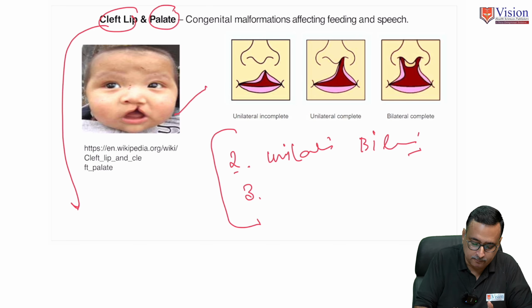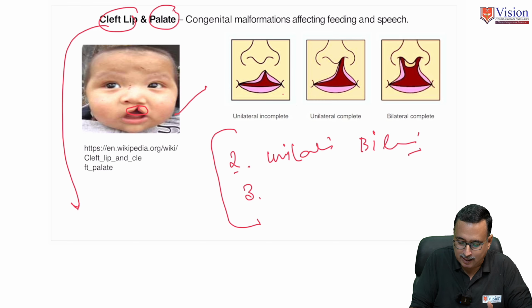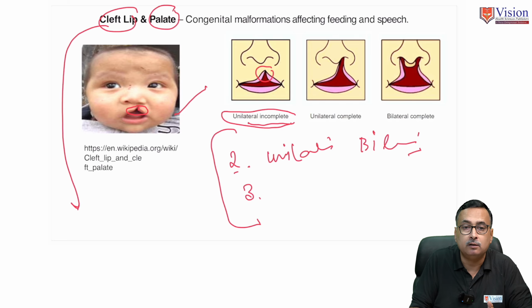In the first diagram, there is a split in the upper lip, unilateral. This says unilateral incomplete cleft lip because this cleft is only on a single side of the upper lip and does not involve the nasal cavity.